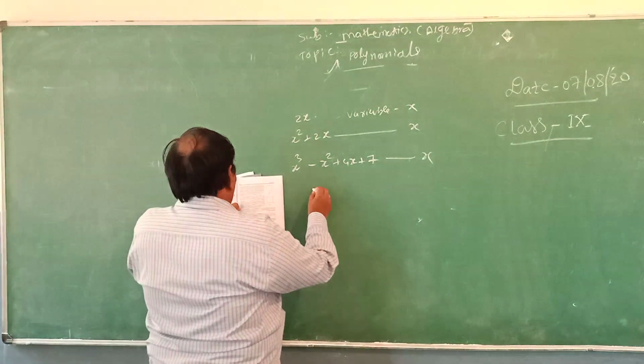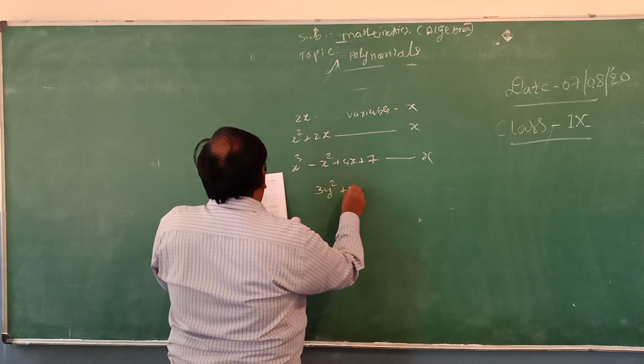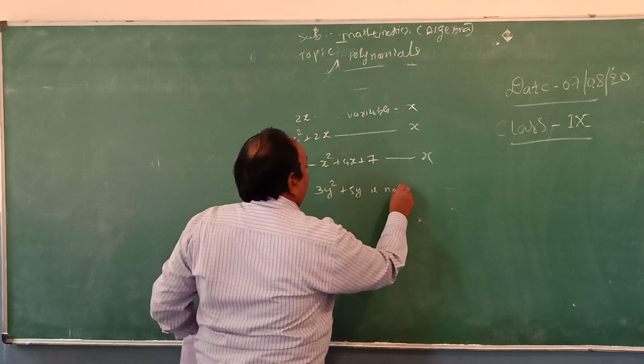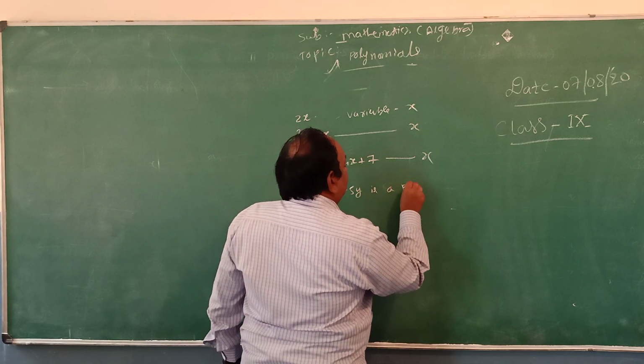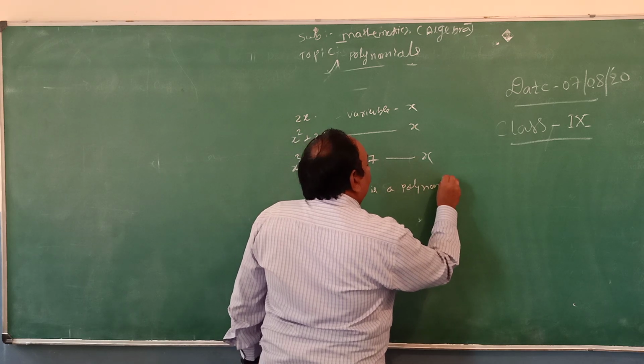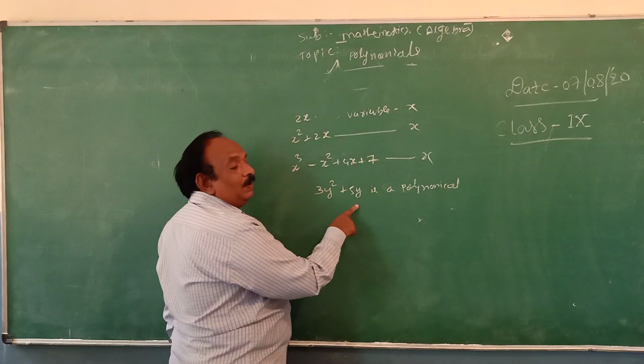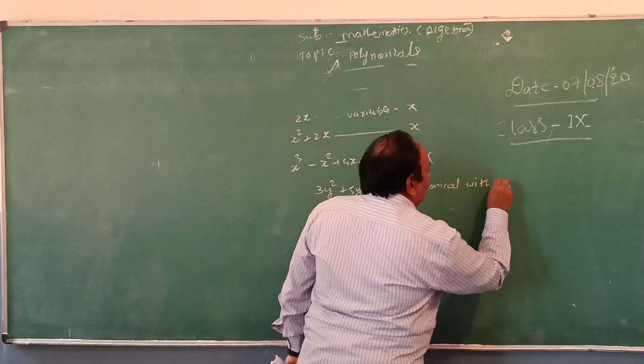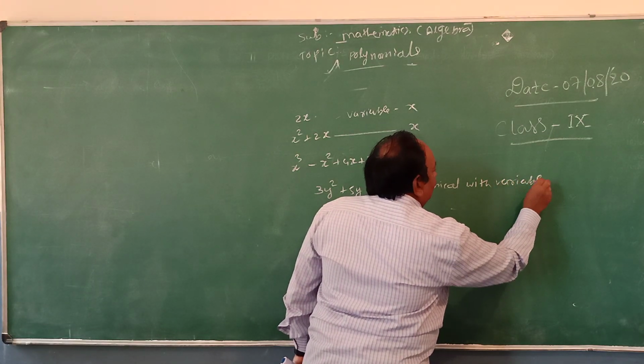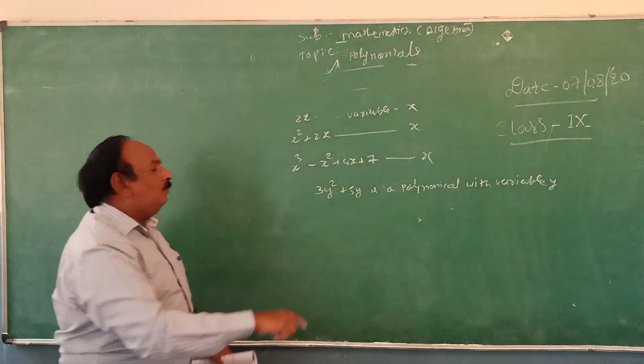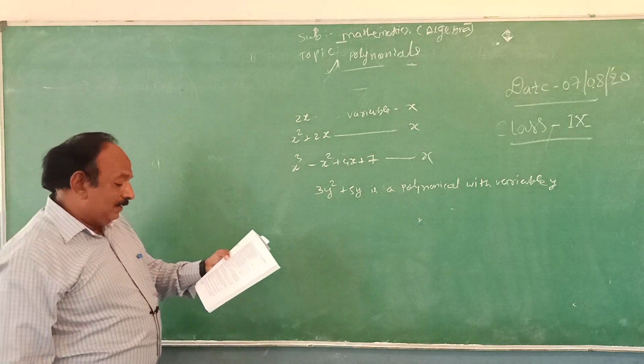Now we take 3y square plus 5y, a polynomial. Which is the variable, my dear students? Y. With variable y.